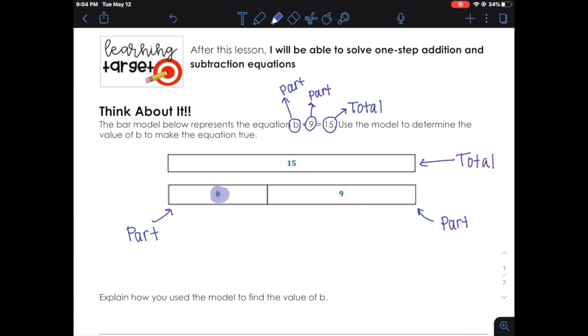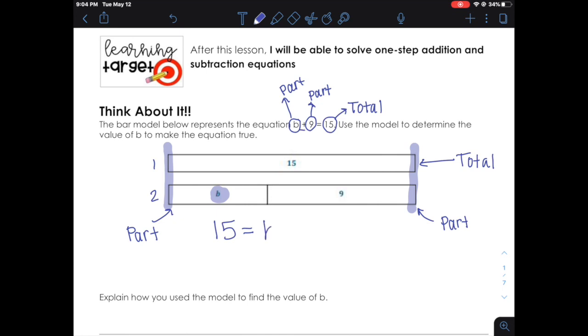So I see that these two bar models, the first one and the second one, are equal in length. If you notice, they're the same length, which means they must be equal to each other. So I can take the first one, 15 equals, then we take the second one, and since we're adding, we add them together.